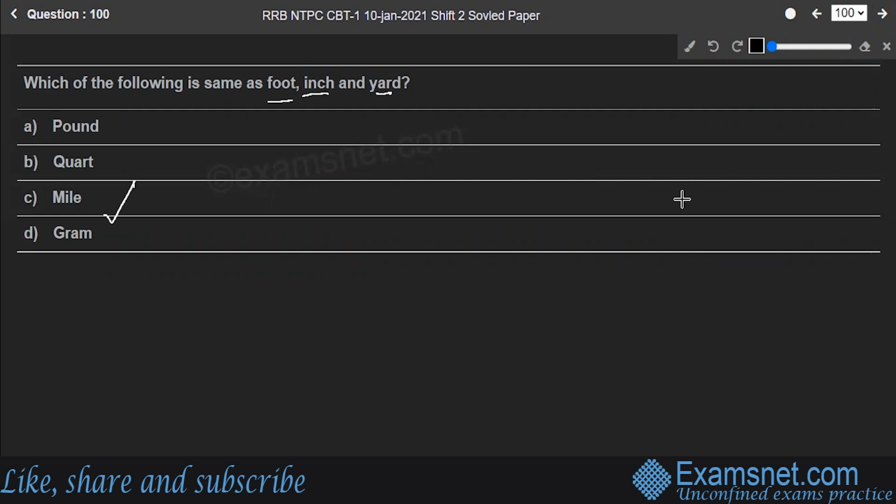Okay. So if you look at the detail of it, if I look at pound, this is a unit of weight. 1 pound is approximately 0.45 kg. The next one, quart. Quart is a unit of capacity in British imperial, or volume.